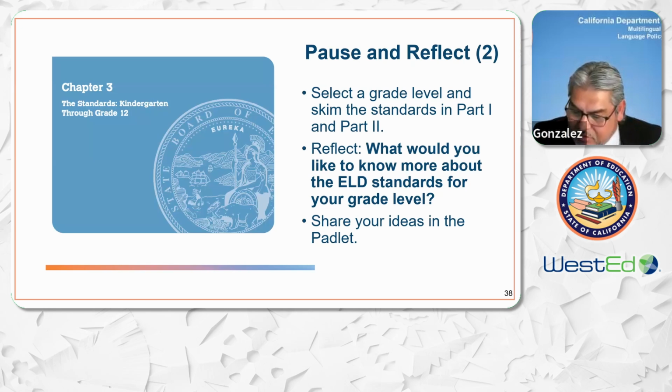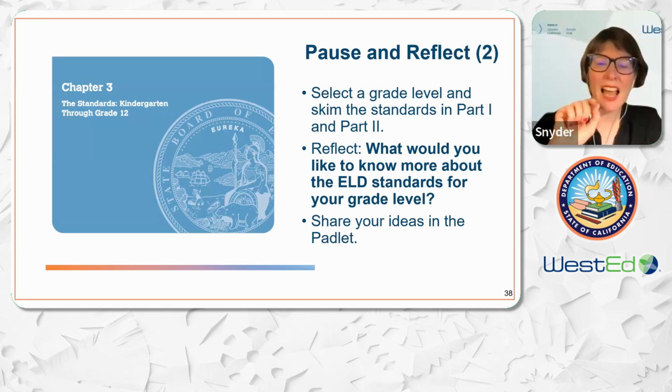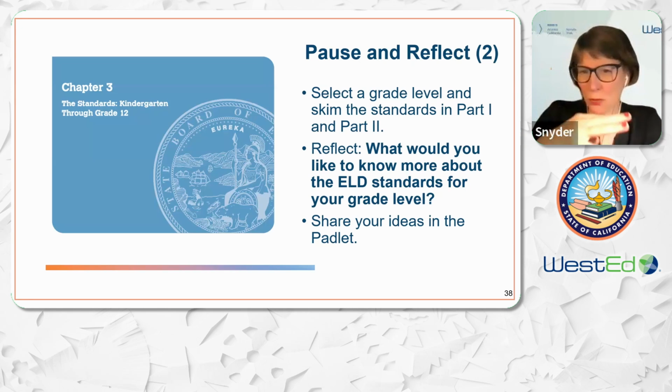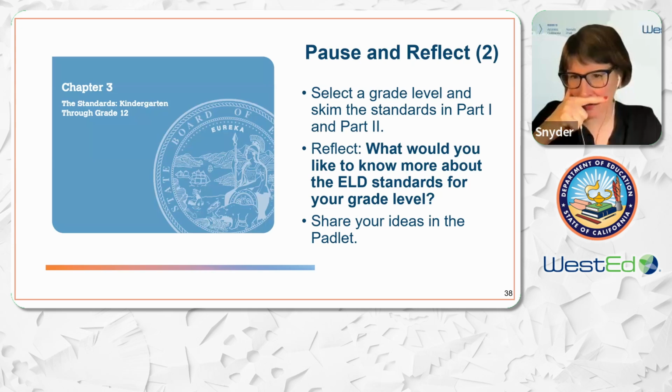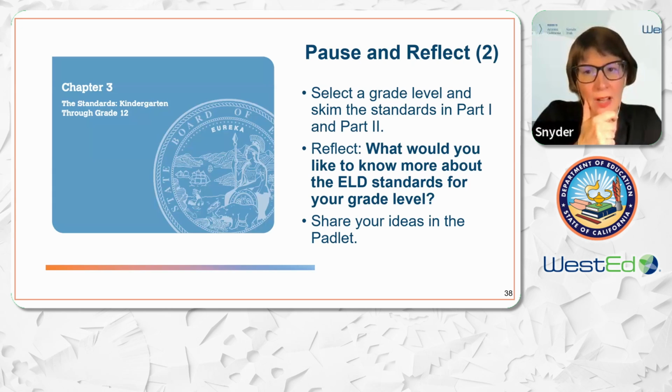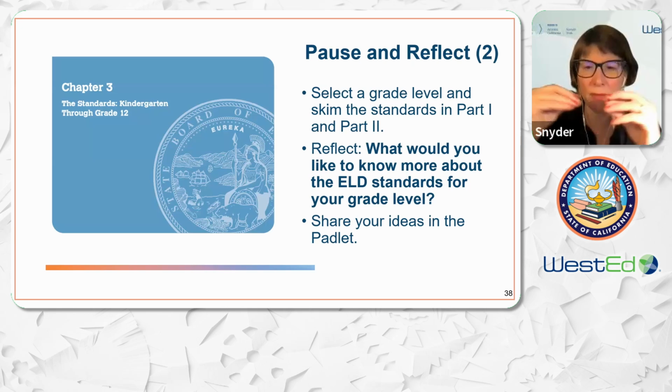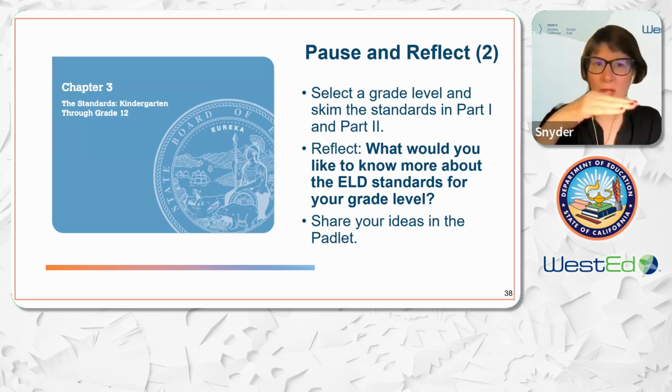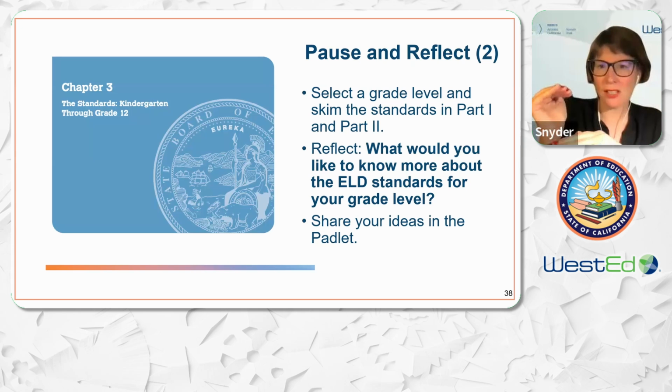Christine, has anybody posted anything in Padlet? Yeah, I want to highlight, these are really important points that folks are mentioning. And I see for question 2, someone has posted about linguistic support. The question, what are some examples of appropriate linguistic support? Substantial, moderate, light, and occasional. And that is such an important point because you're looking at general extent of support, that row in the proficiency level descriptors.